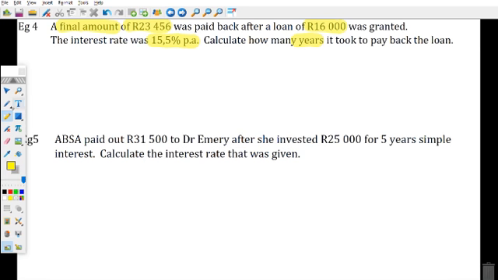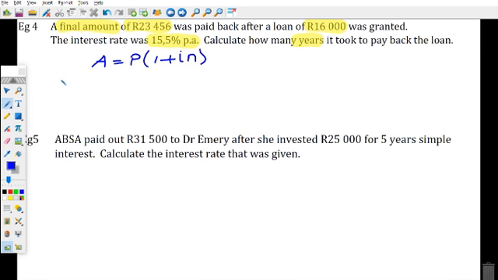All right, so I'm going to start it off. Okay, so A is equal to P times 1 plus i n. So what's my acquired amount going to be? Okay, the acquired amount is always more than my principal.